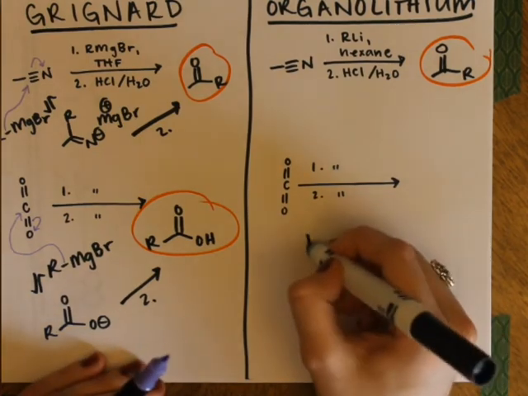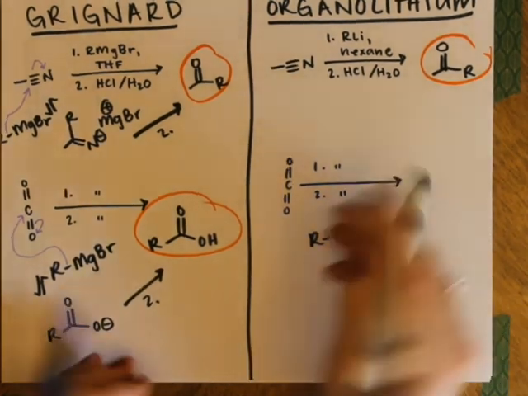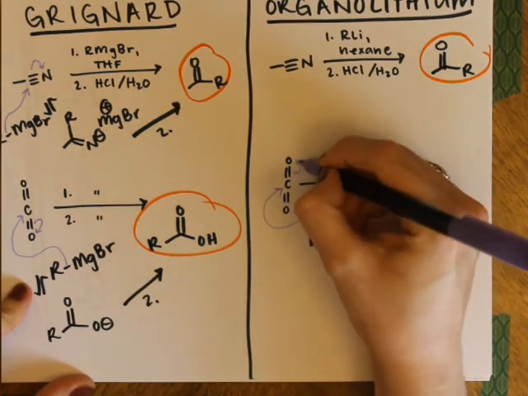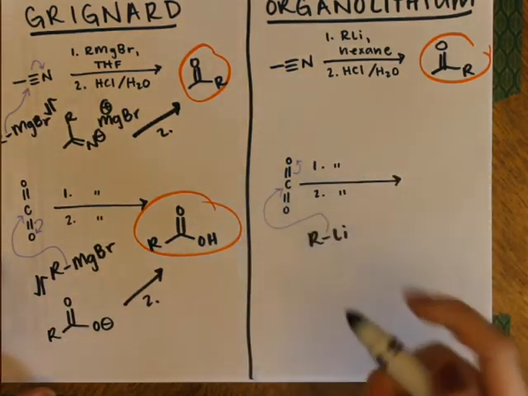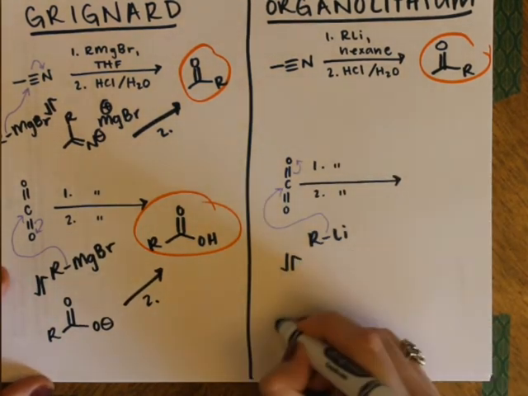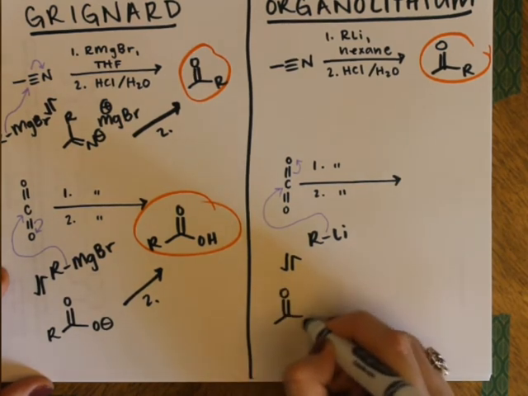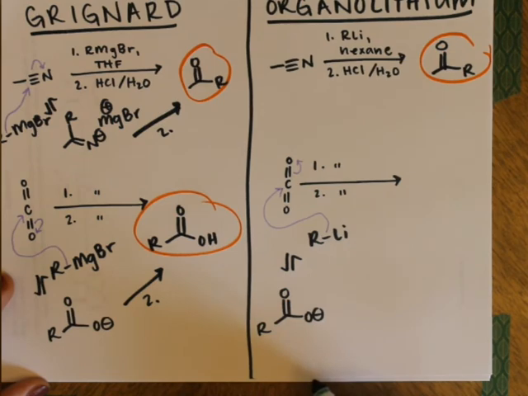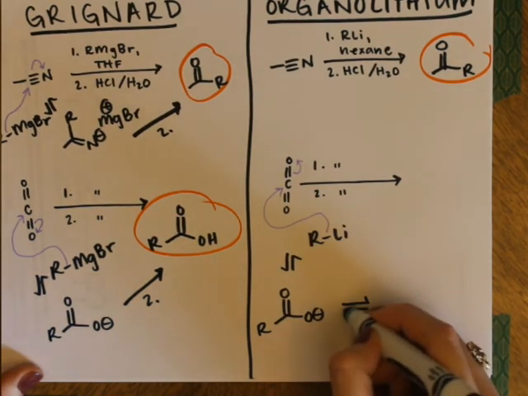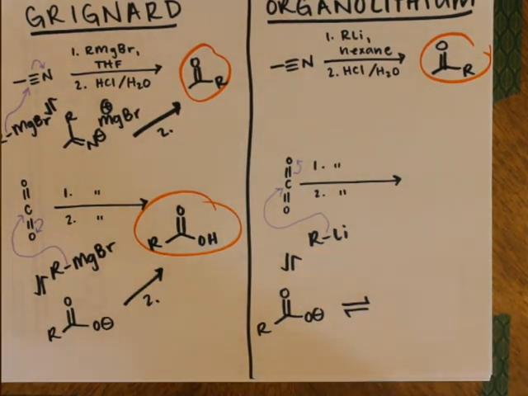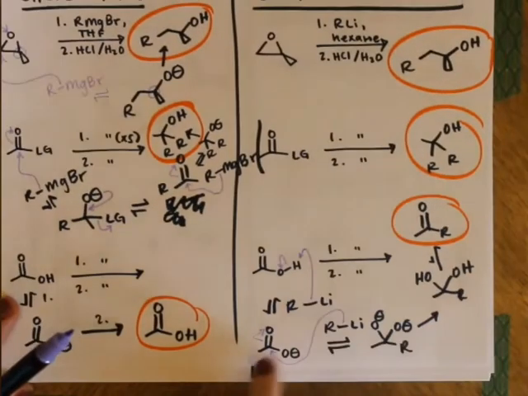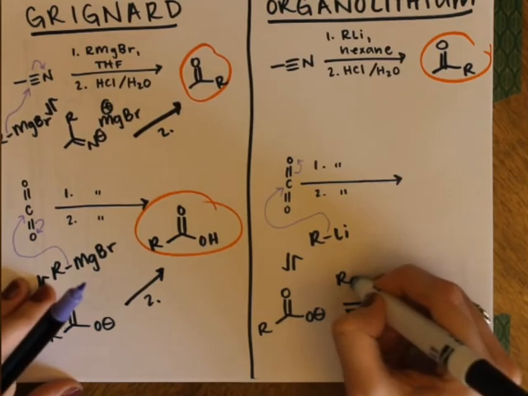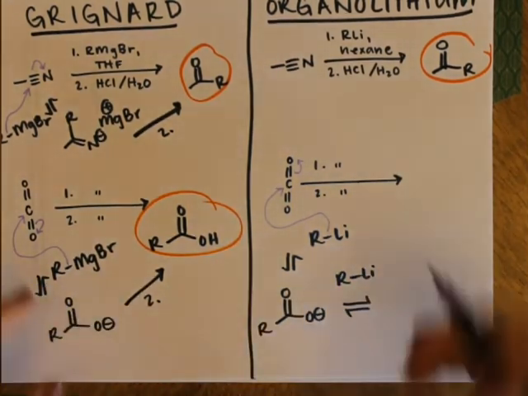Same deal if we reacted RLi. This can come and attack CO2 and break one of those double bonds there. This could potentially react again. We've seen this already before when we were looking at this last example. This could come in and attack this carboxylate again, which is wonderful.